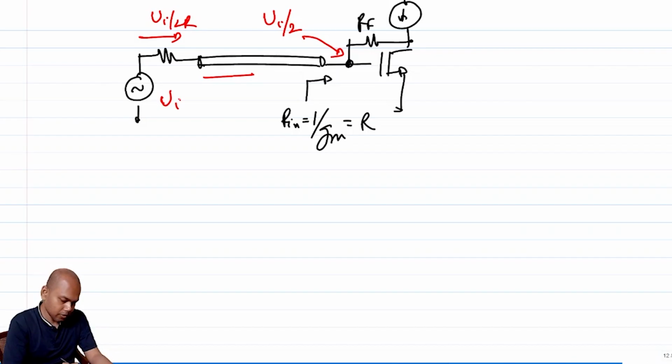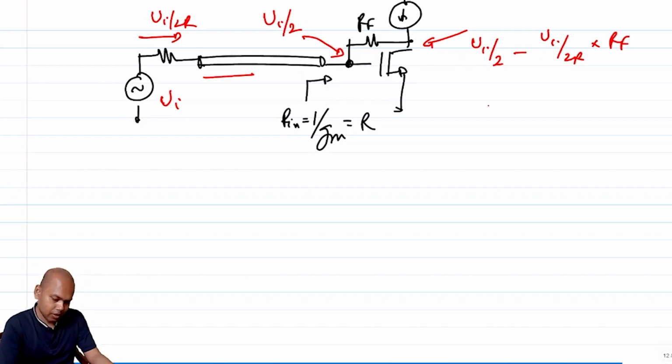So what is the current through RF? Same Vi by 2R, then what is this voltage? This is Vi by 2 minus Vi by 2R times Rf. So I can also write it as Vi by 2, 1 minus Rf by R. So what is the gain?